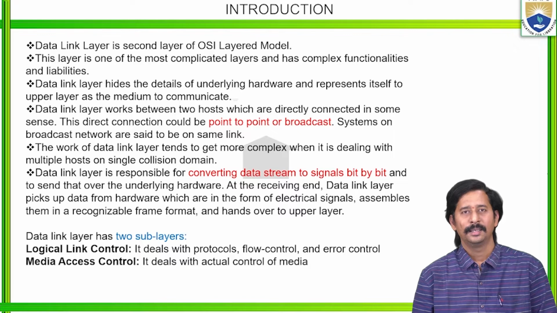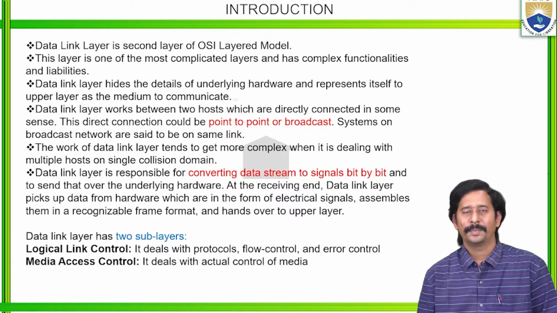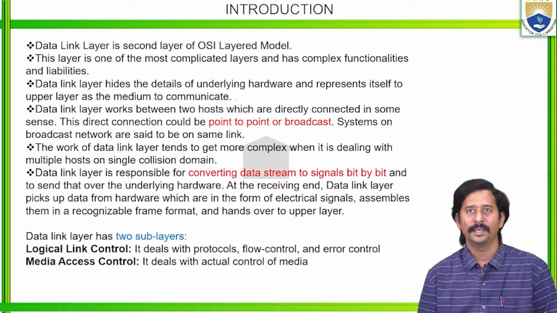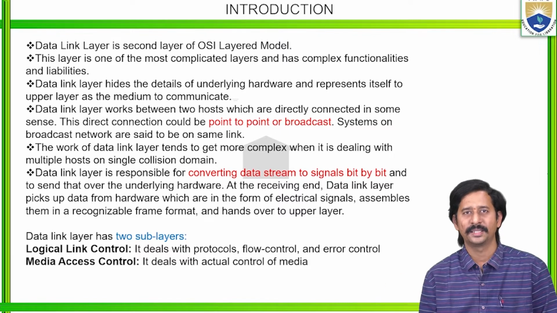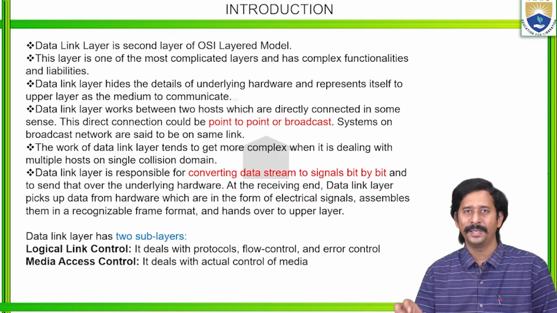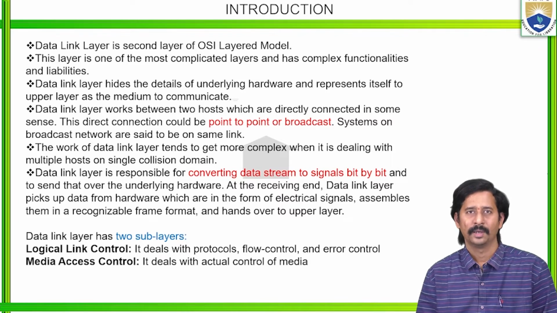So in general, we know the basic concept of the OSI reference model. Always the physical layer communicates with the physical medium and it extracts data in the form of bits, zeros and ones. So whatever bits are extracted from the physical layer, the data link layer accepts that information and converts those bits into frames.